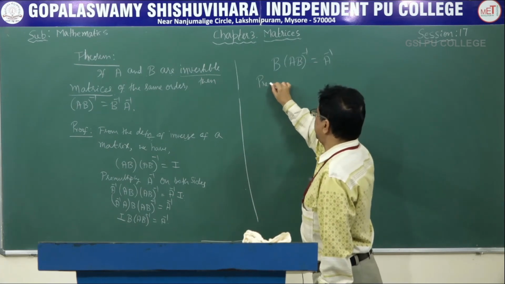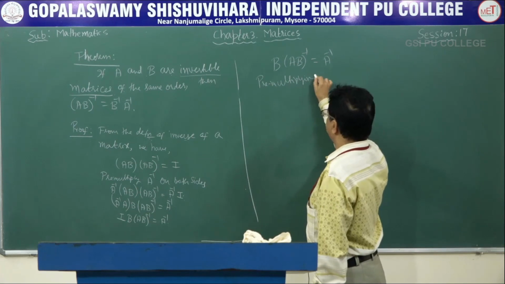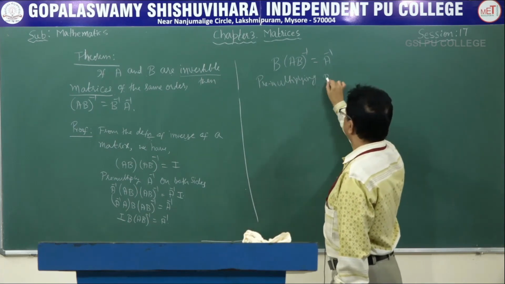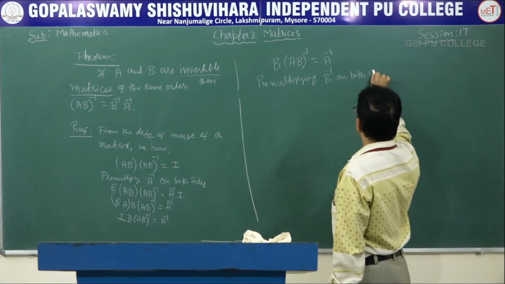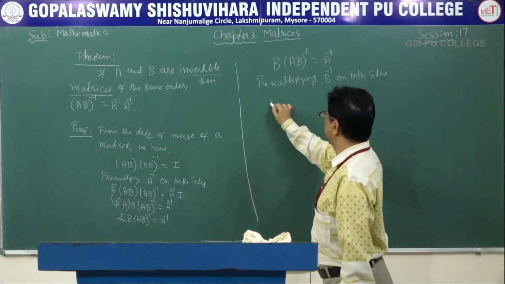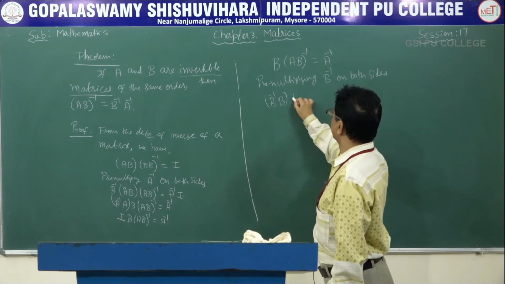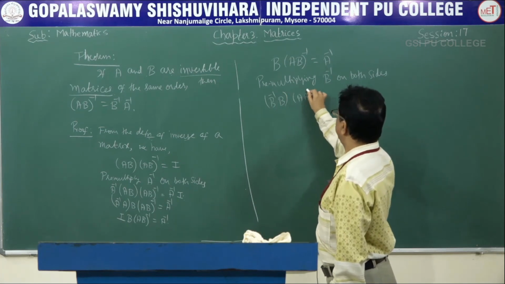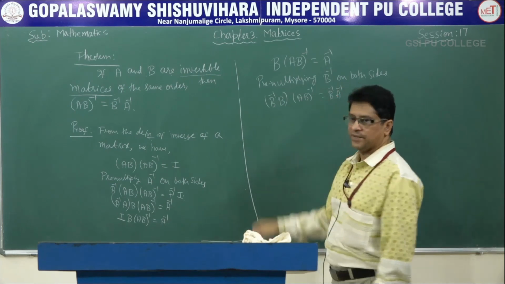Now, pre-multiplying B inverse on both sides. So we have B inverse into B into AB whole inverse is equal to B inverse into A inverse.